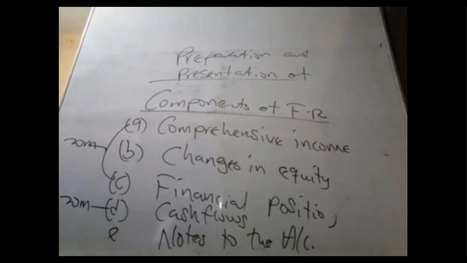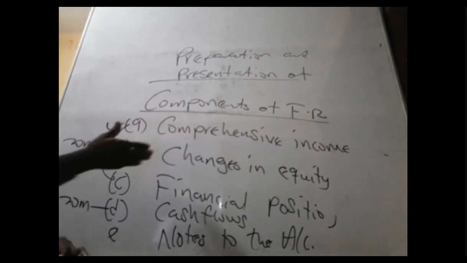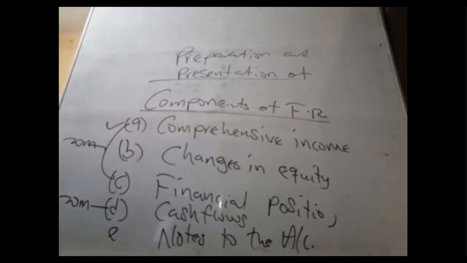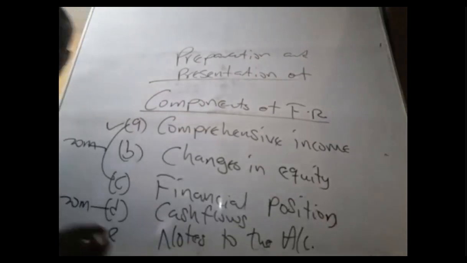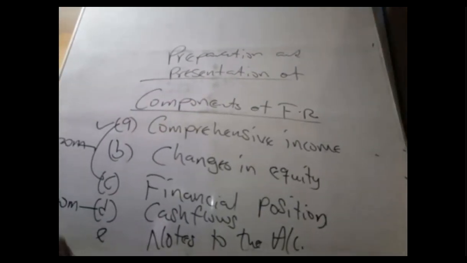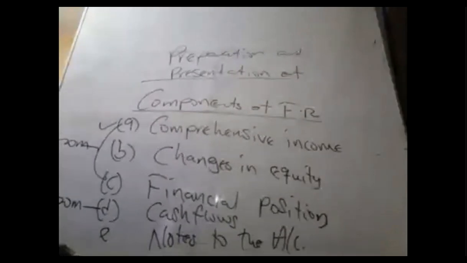Now we are going to familiarise ourselves with the format of the comprehensive income, the changes in equity, and then the financial position. We have to familiarise ourselves with it. So that is what we are going to look at for now. We'll look at them one after the other.